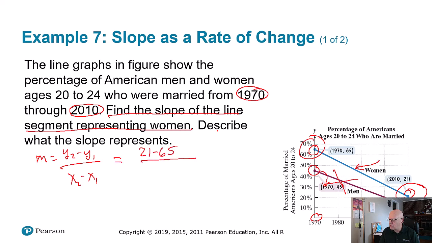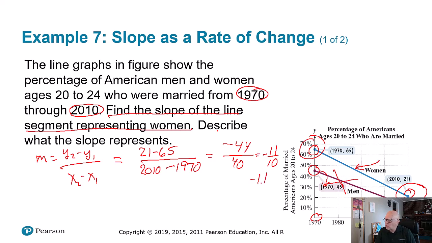On the bottom, you'll have the x values, which are the years. So it'll be 2010 minus 1970. Subtract on the top, and what do we get? Negative 44. And on the bottom, we'll end up with 40, which means negative 11 tenths, or negative 1.1.